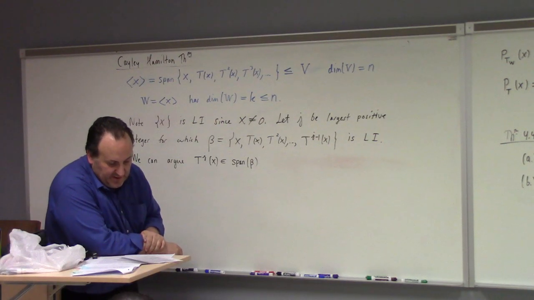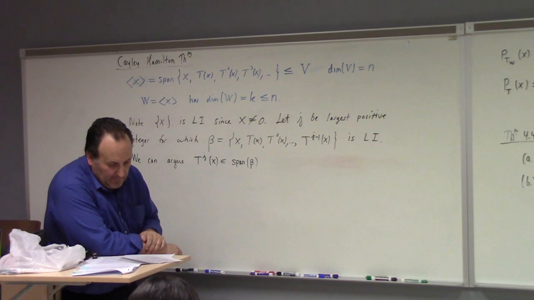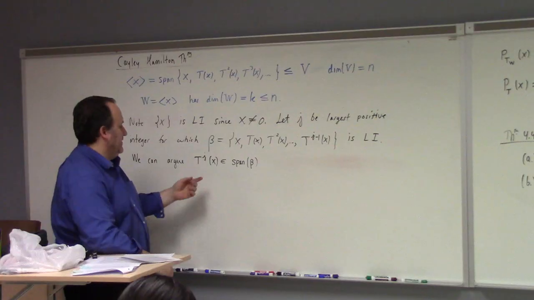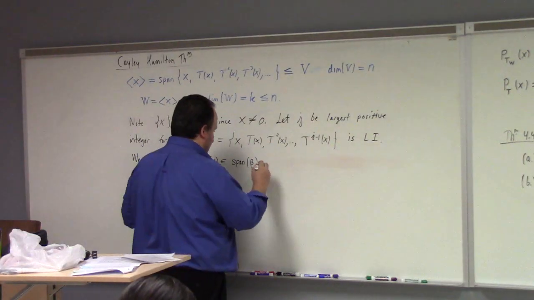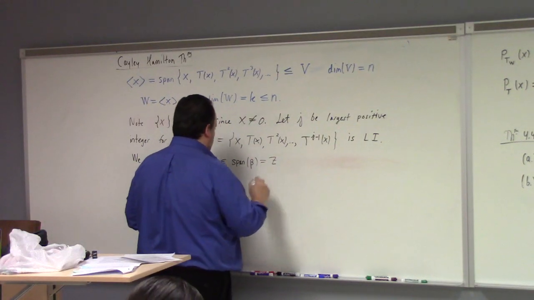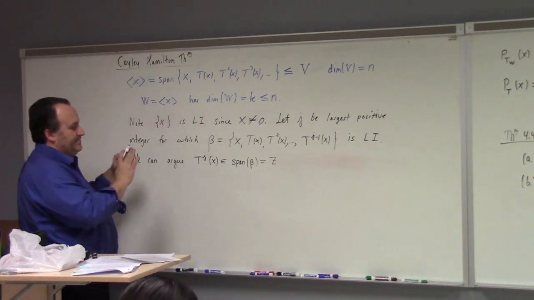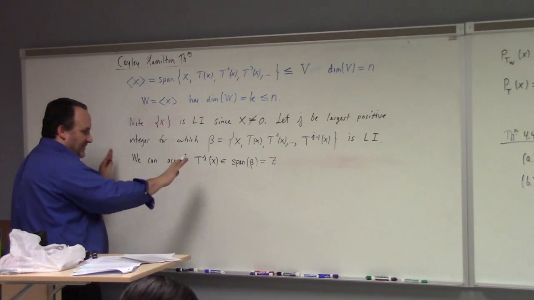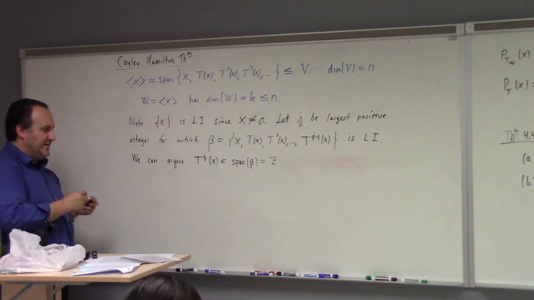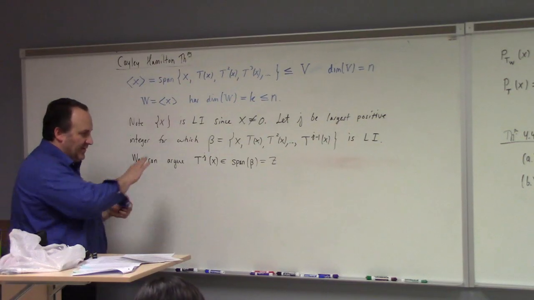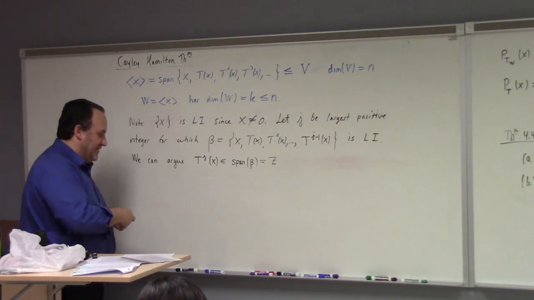So on page 314 of the textbook, if you're wondering, Friedberg, Insel, and Spence, he claims that T^j of x, he calls this thing Z, by the way, is in the span. But anyway, I'm not gonna dwell on it. We've spent enough time already. So there's a small gap here, but hopefully that'll be the last one for today.